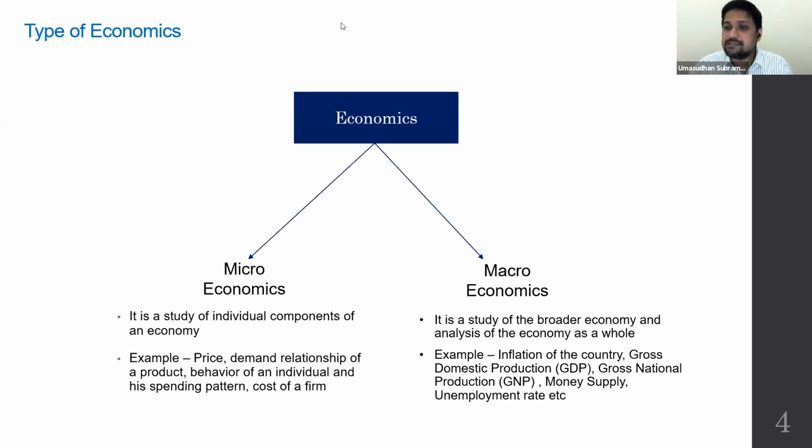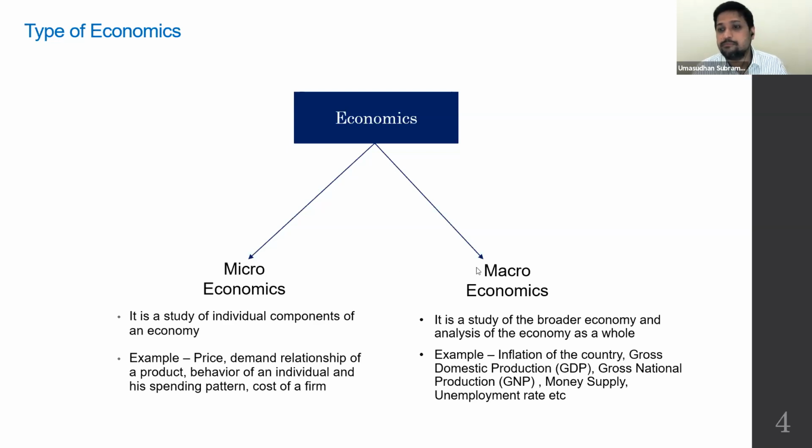We are talking about a specific product, its price movements, a specific individual, his behavior. Those things are what we call microeconomics. So microeconomics is about the price-demand relationship of a product, behavior of an individual and his spending pattern, cost of a firm. Because it's a single firm, that becomes microeconomics.